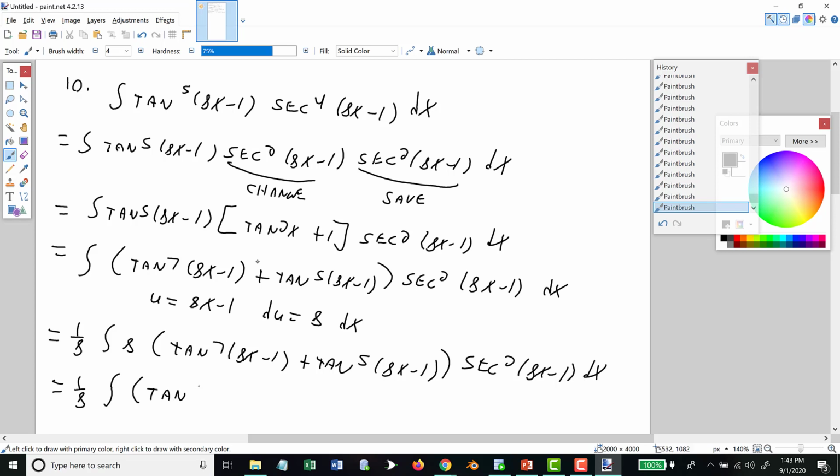Let's try it again. There we go. This becomes tangent, and we're replacing the 8x minus 1 with u, so tangent u to the 7th power plus tangent u to the 5th power. Bracket, and that's secant squared u du.